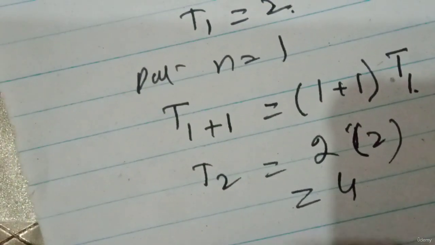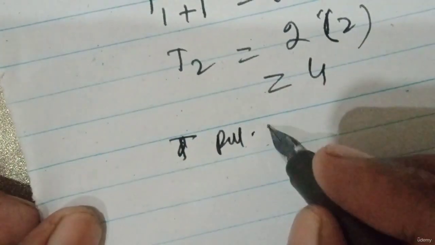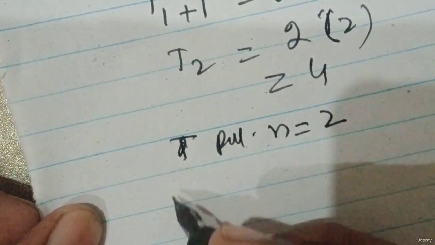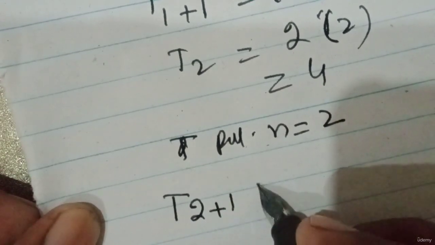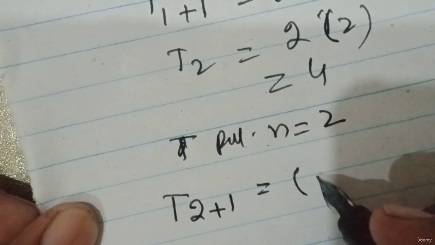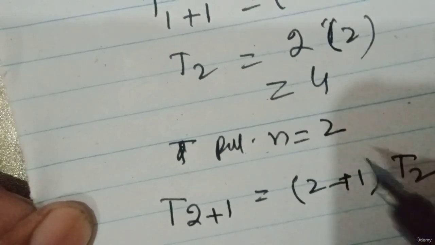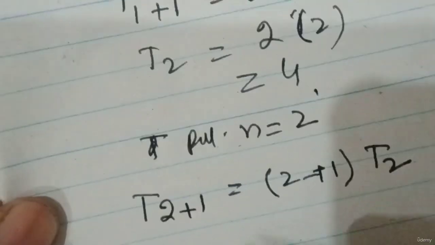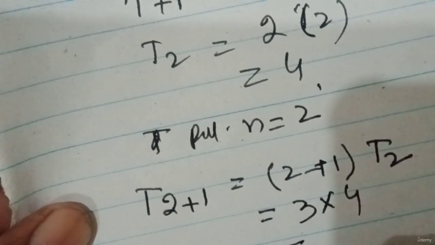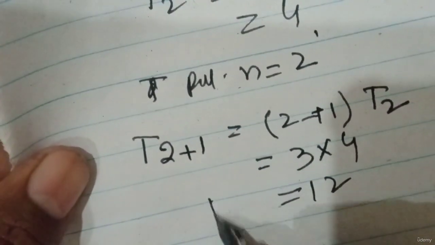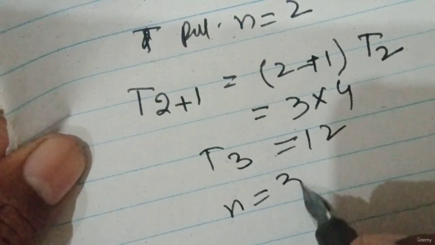Now put n is equal to 2, so that will be t2 plus 1, and you have n plus 1, 2 plus 1 and t2. Now t2 term is 4, so use this term, 3 multiplied by 4, you have t3 is 12.